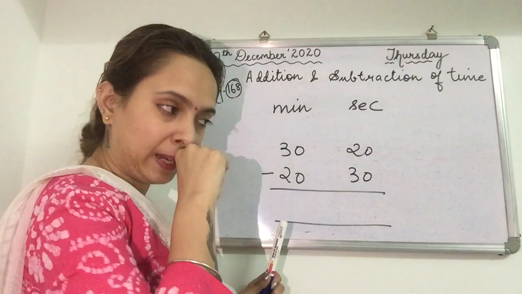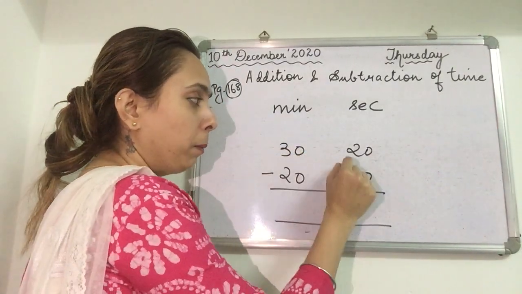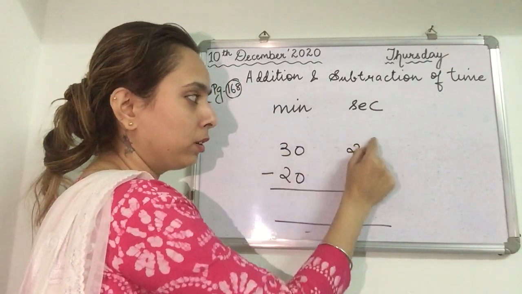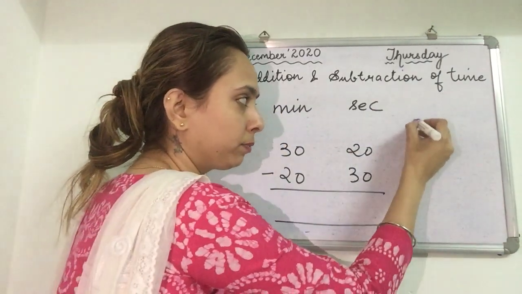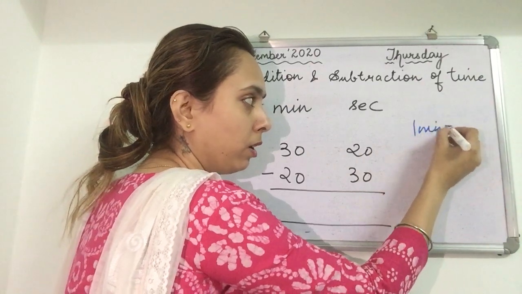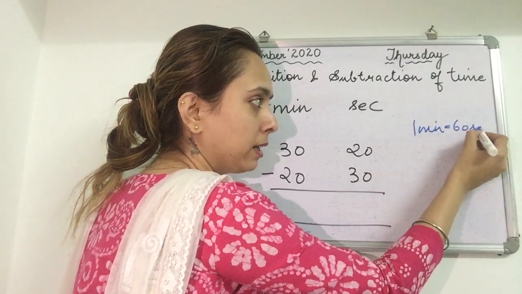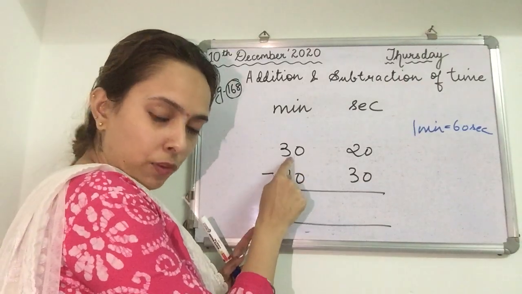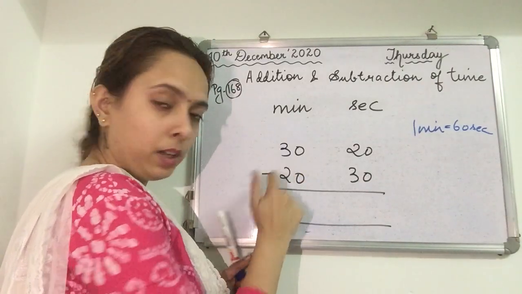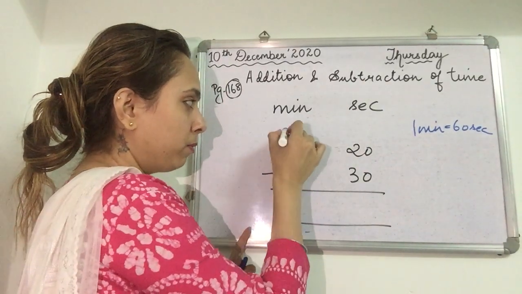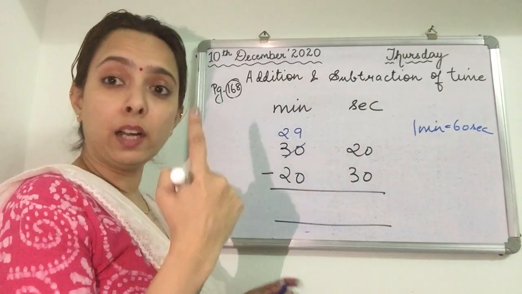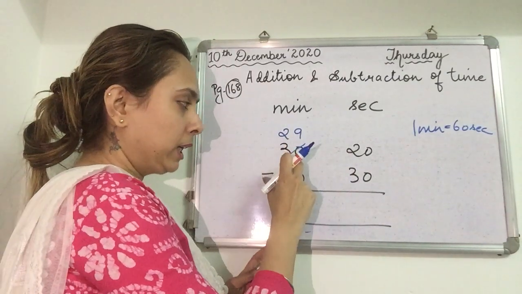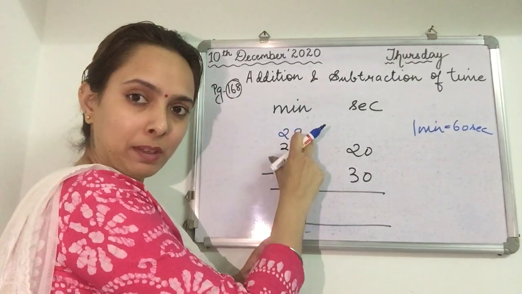In this case we will take 1 minute, as we know that 1 minute is equal to 60 seconds. If we take 1 minute from 30 minutes, it will become 29 minutes.